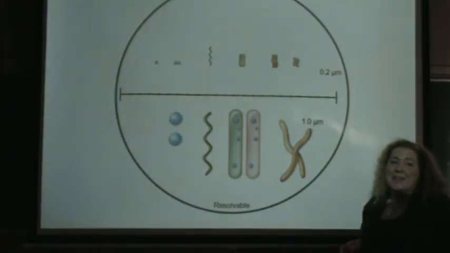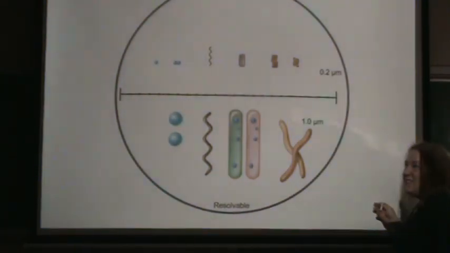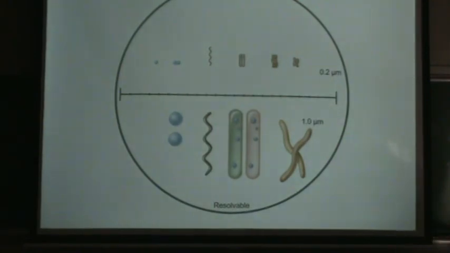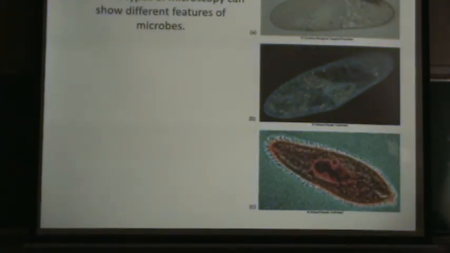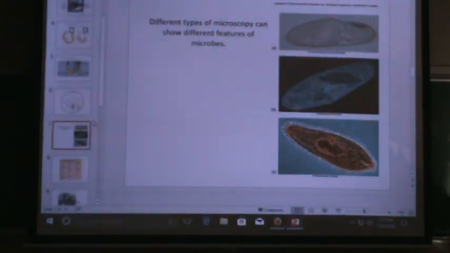Whoa. We can use my light microscope to see that. It's great. I love it. So small. If it's smaller than that, we will need a different type of microscope.